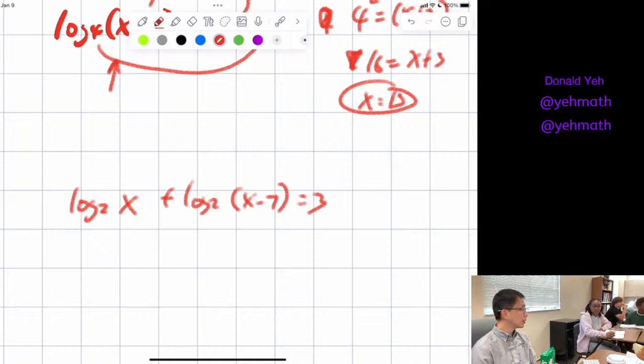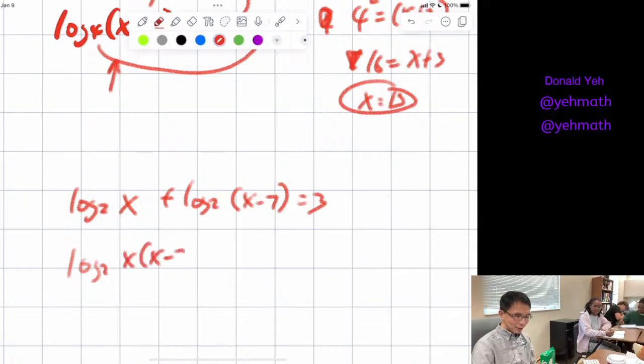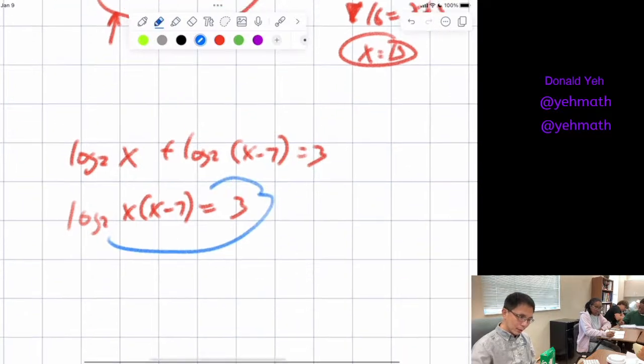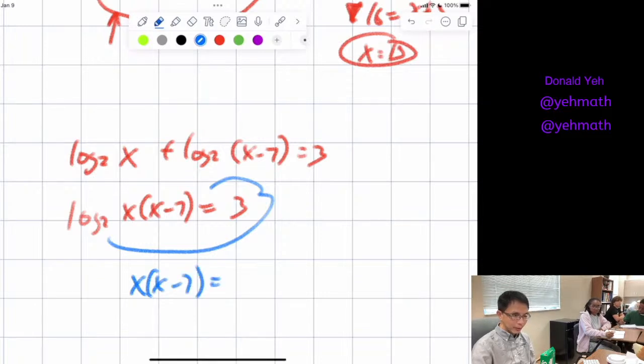Could you combine the two logs and then do the heart? Yeah, so you're just learning all the tools from before, right? x times x minus 7 equal to 3. And then she says, can I do heart? Of course. That's going to be x times x minus 7 is equal to what? 2 to the third power is what?